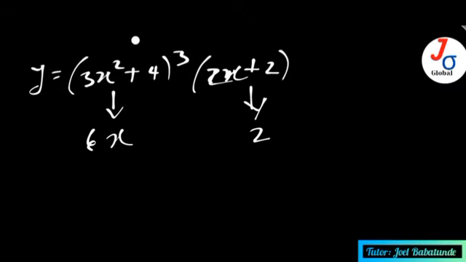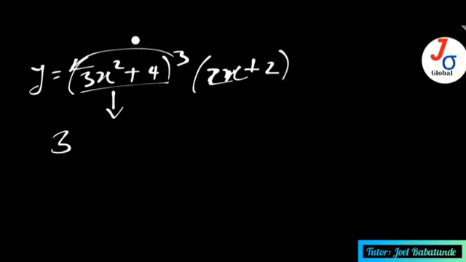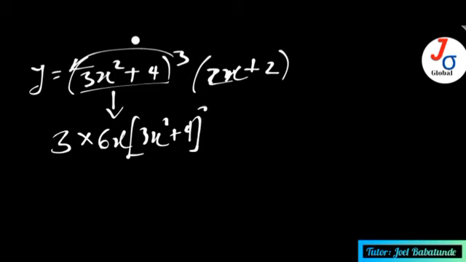Sorry, no. This is a function of a function, right? So that means I have to bring this power back, and that'll be 3. Differentiate the inside, I have 6x. 3 times 2 is 6x multiplied by 6x, then into (3x squared plus 4) all raised to the power of 3 minus 1, which is 2. Then if I differentiate this, I should get 2.